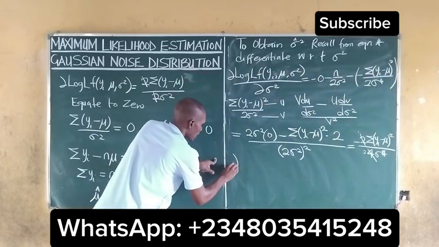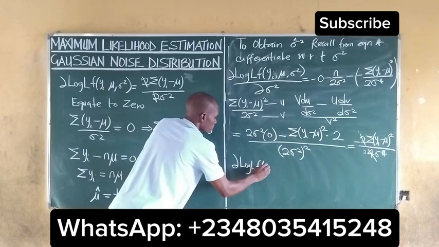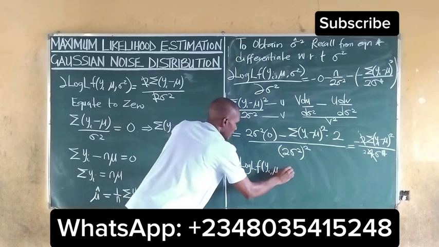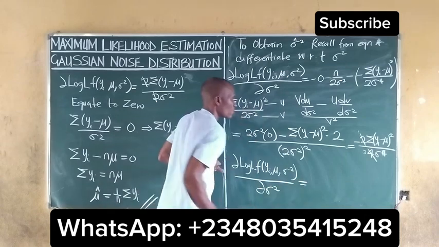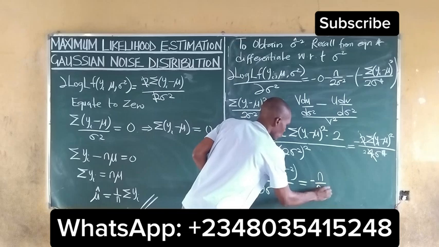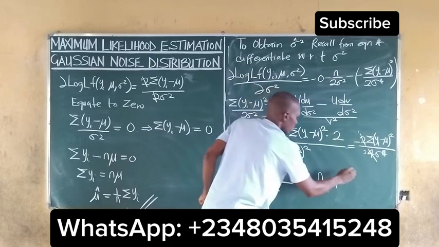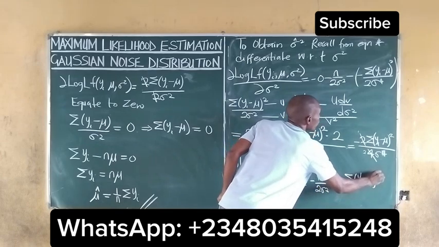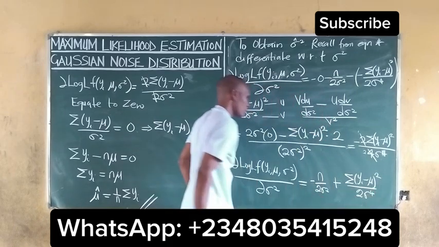That means that our derivative of the log likelihood function of yi, mu and sigma squared all over sigma squared will be equal to the whole of this, which is negative n all over 2 sigma squared, plus, because of the negative sign, summation of yi minus mu raised to the power of 2 all over 2 sigma 4.